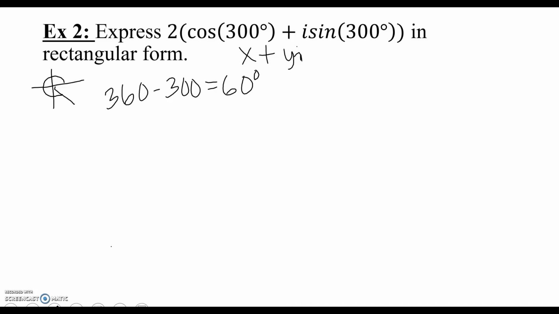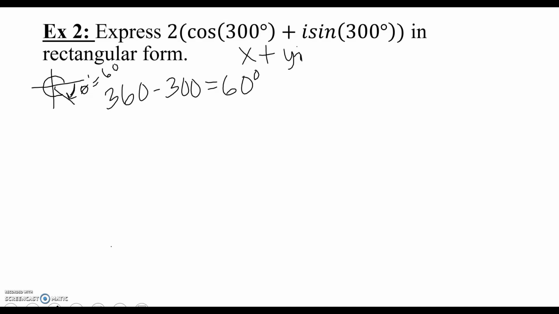Not a coterminal angle, I mean a reference angle. We need to find a reference angle to 300 degrees, and the reference angle will be 60 degrees, which is this angle right here, the reference angle theta prime. What that means is that 300 degrees is going to share the same x and y values as 60 degrees, just different by a sign.